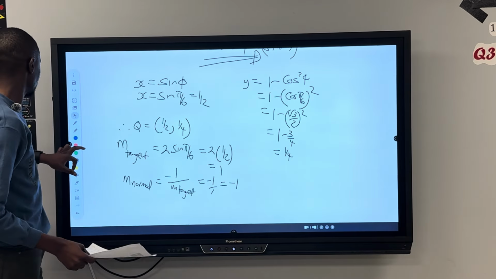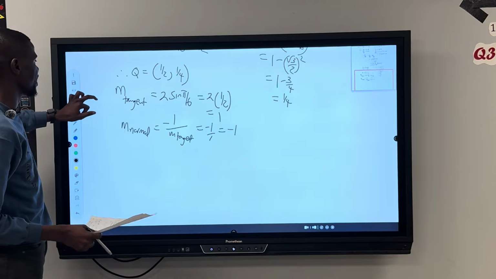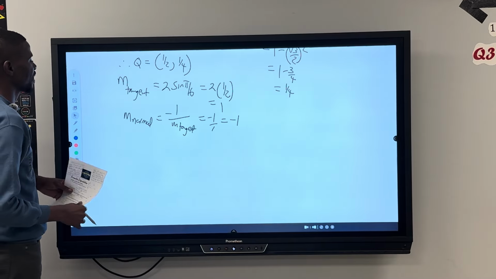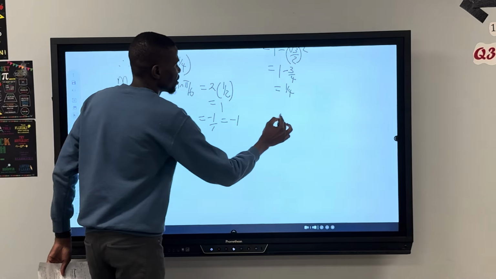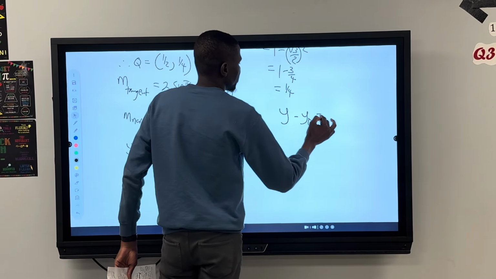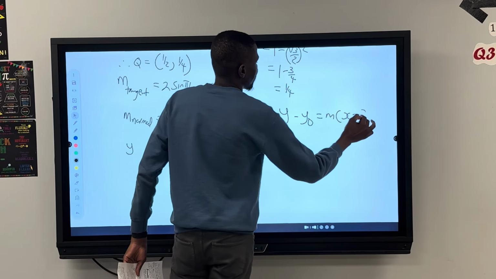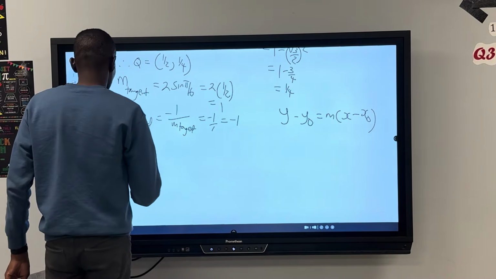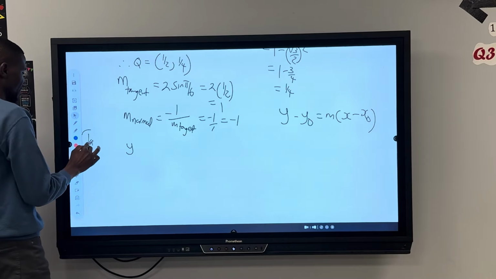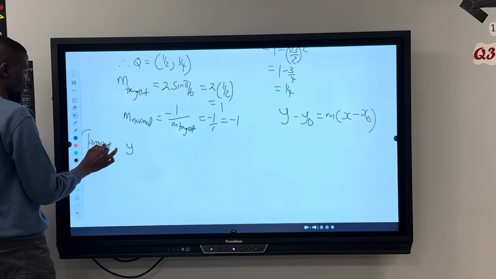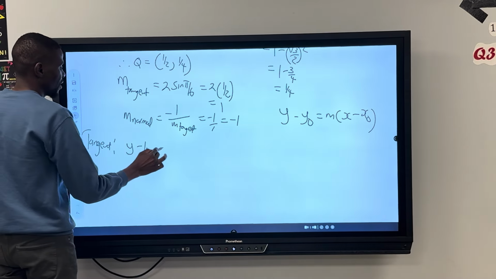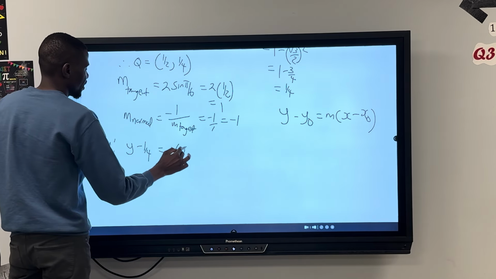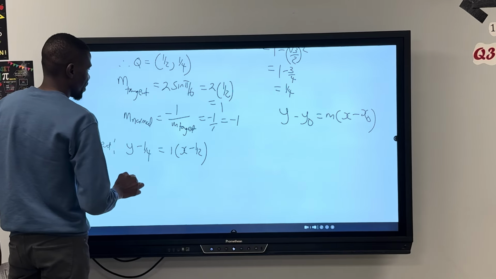So now let's start by finding the equation of the tangent. I'm going to use y minus y naught equal to m times x minus x naught. For the tangent here, it's going to be y minus 1 over 4 equal to gradient 1 times x minus 1 half, right?